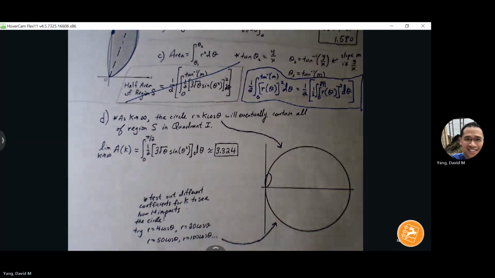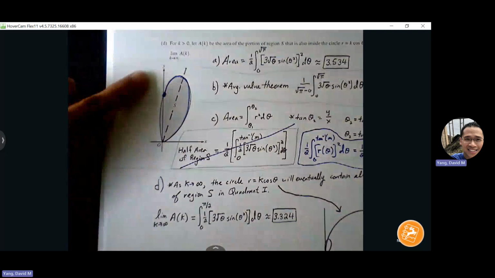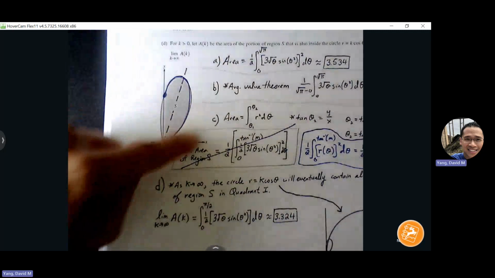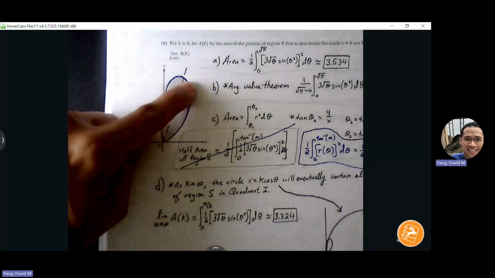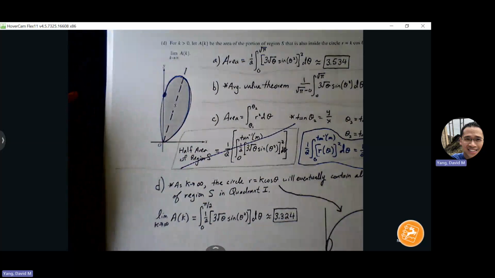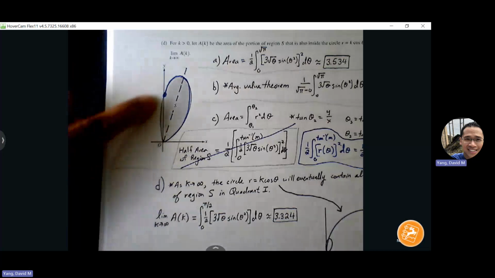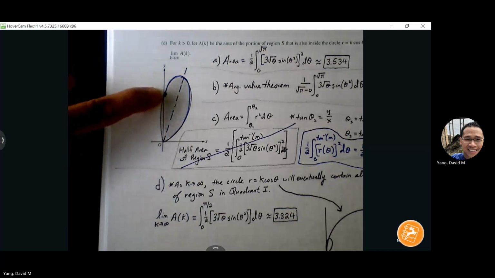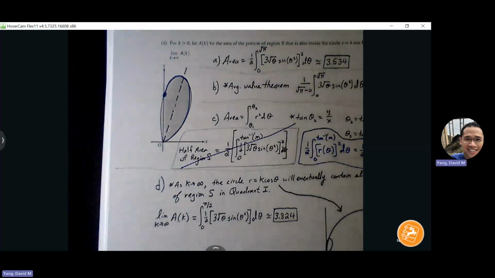So if we look at k cosine theta, that circle will always be in the first and fourth quadrant. But how do you come up with pi over 2? It could have been pi over 6, or it could have been pi. Well, if you look at this region S, when is region S going to be in quadrant 1? From 0 to pi over 2. So just create a table of values to see.